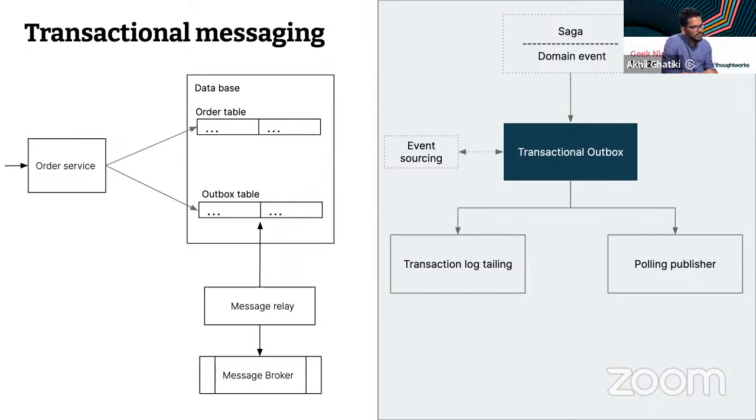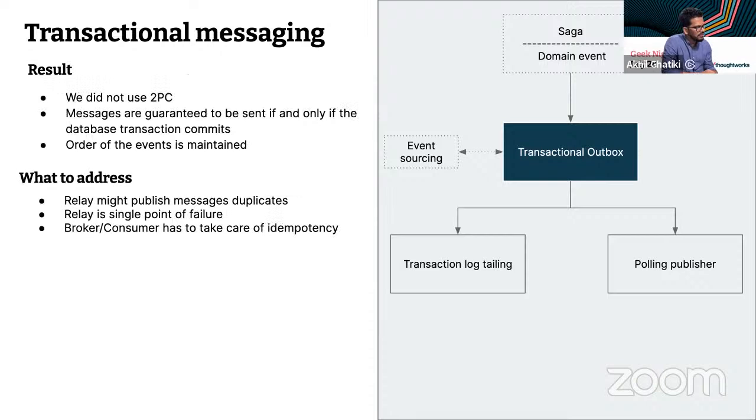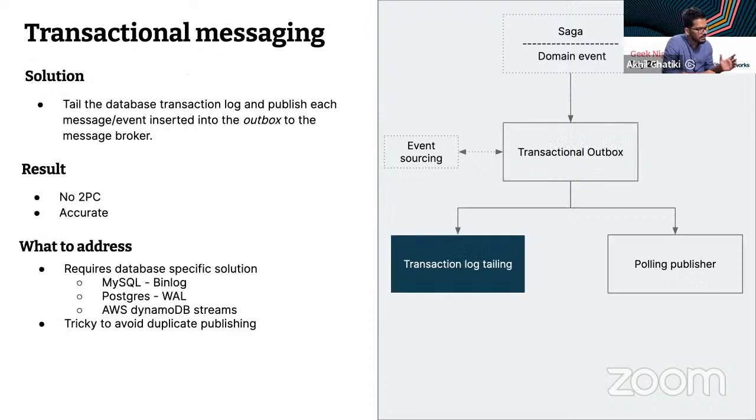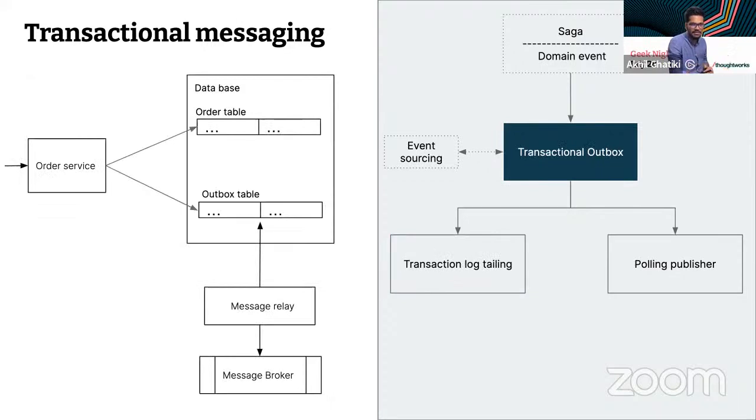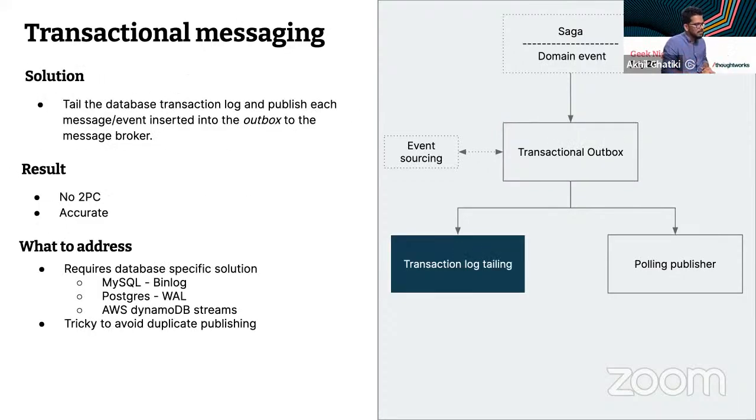Again, there are two different approaches you can take here. One is transaction log tailing, and one is a polling publisher. Log tailing is where you tail the logs of the database that are coming in whenever these commits happen. You rely on those logs, but the catch is that these logs are only emitted by a few databases, like MySQL, Postgres, or DynamoDB Streams from AWS.